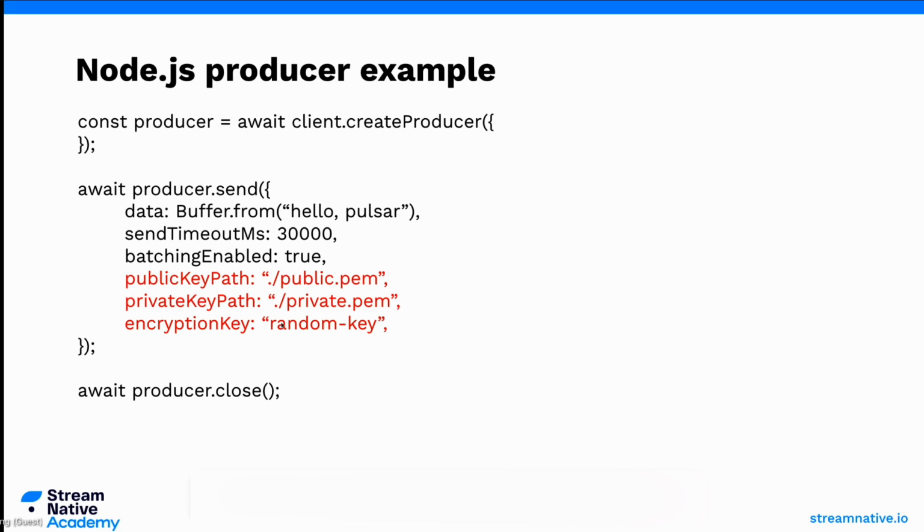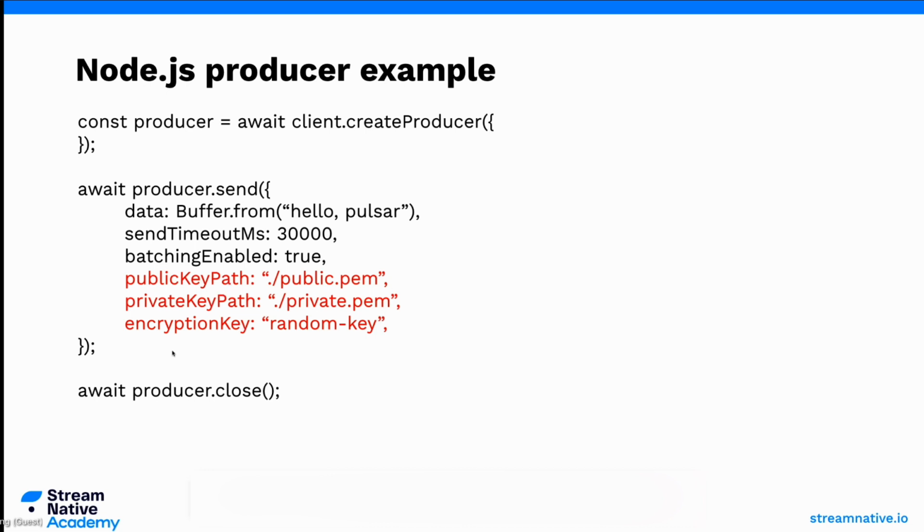Here, I don't use a message object, I use a single object structure, with data and send timeout. Actually, you can wrap this up using a message object like we showed in the first slide. So this is another way to do it.